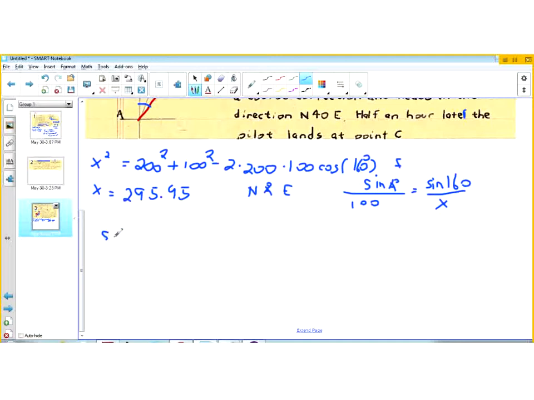So the sine of A is approximately equal to 0.11557.